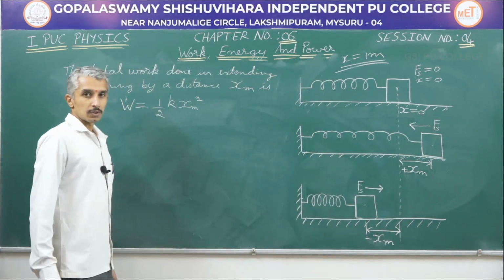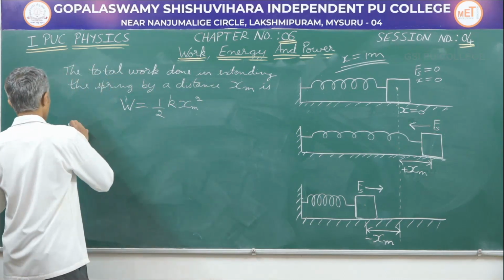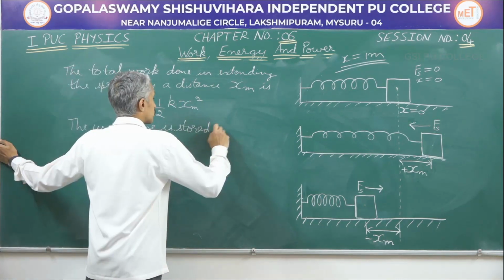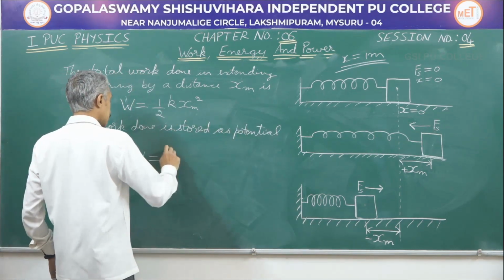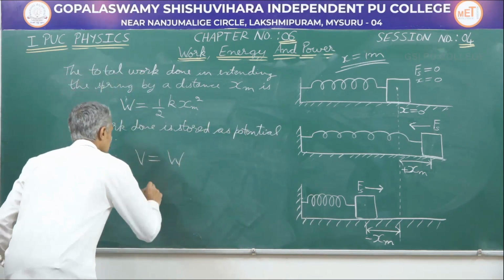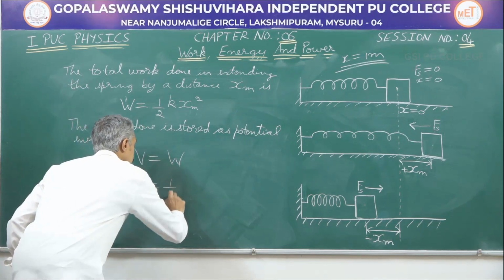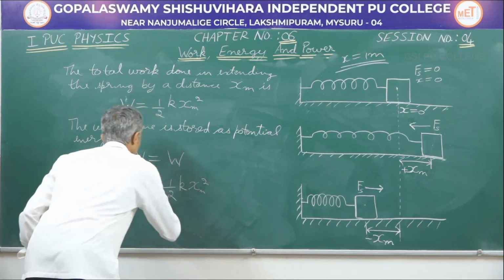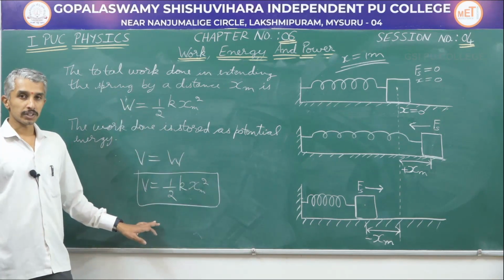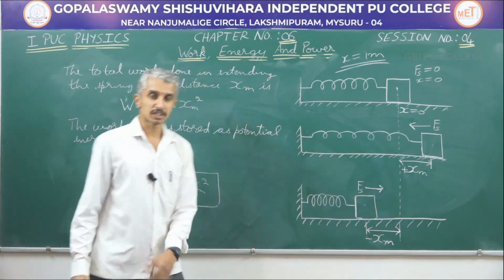This work done is now stored as potential energy. Therefore, potential energy is equal to the work done in extending it, which is half k xm square. So this is the expression for the potential energy of a spring mass system.